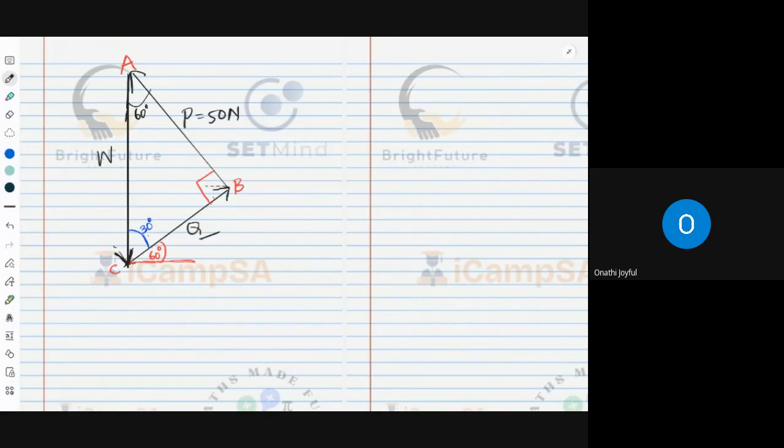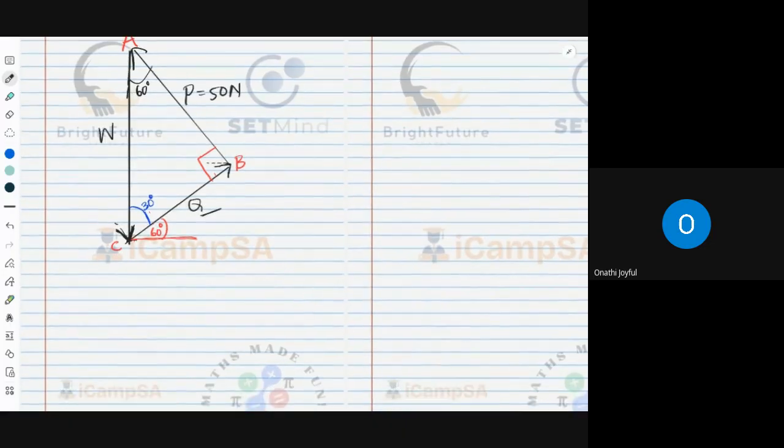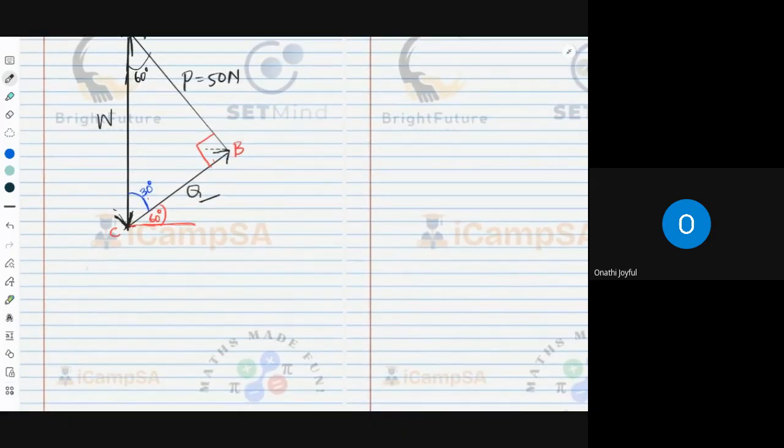Yes, you can simply say tan 30. Remember, tan is opposite over adjacent. And then you can have 50 over Q. You don't know what Q is, right?